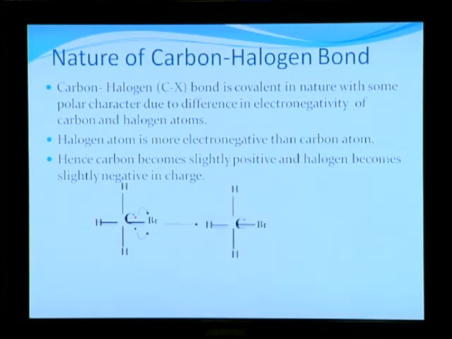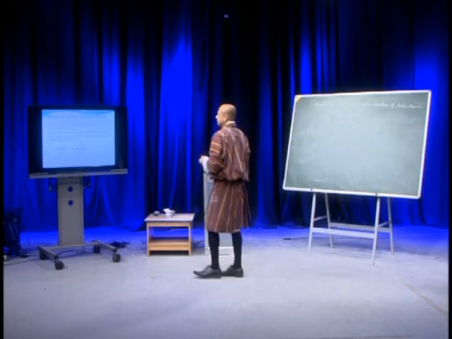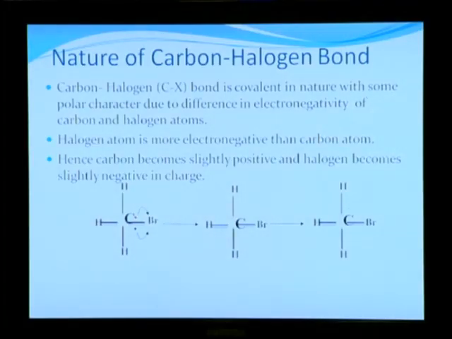As a result, you can see these electrons are now more towards bromine. It is a polar covalent bond, a polar single covalent bond. Hence, bromine develops a slight negative charge due to the pulling of those shared pair of electrons, and carbon develops a slight positive charge.